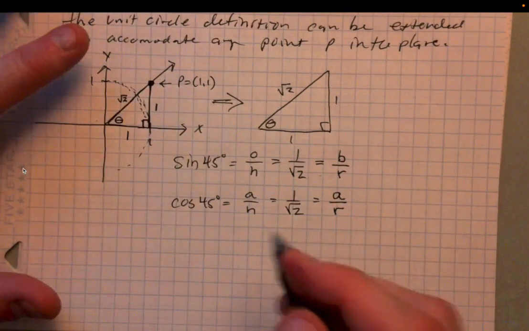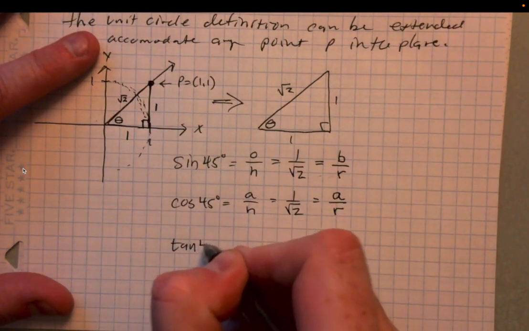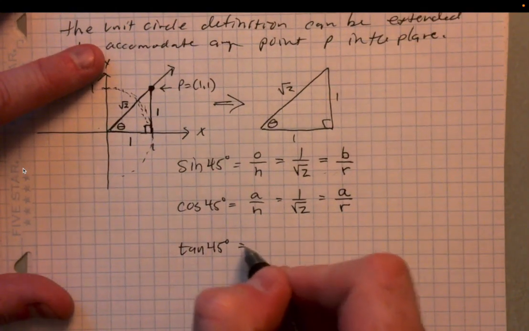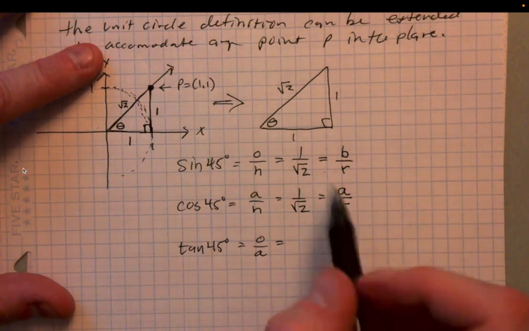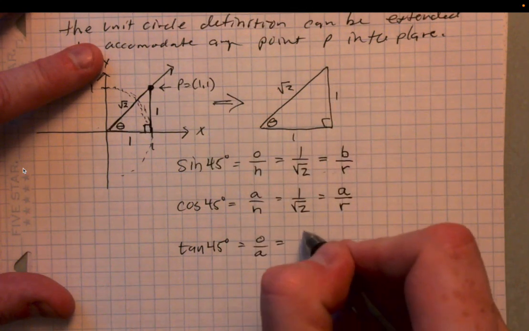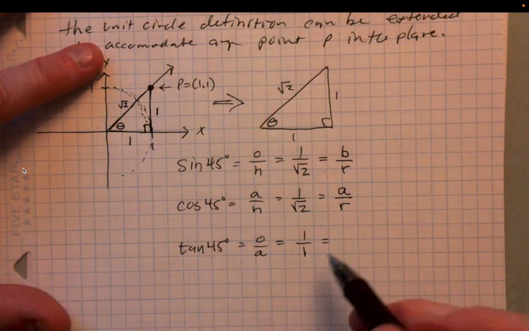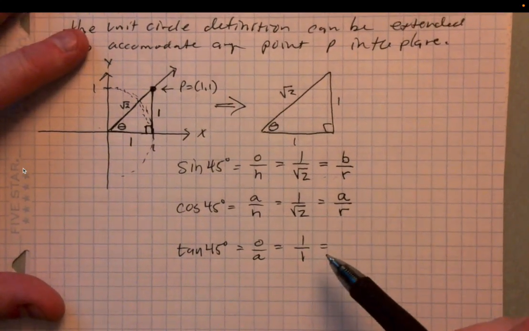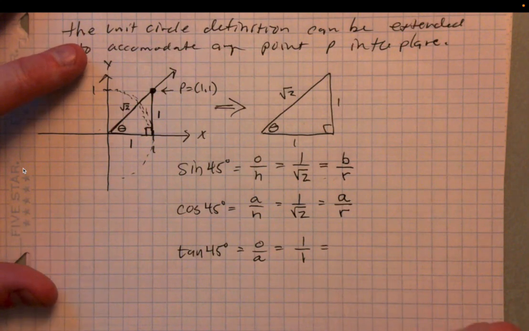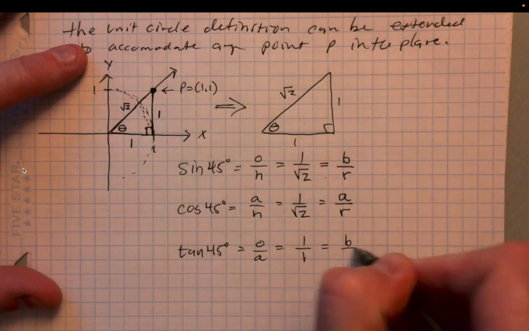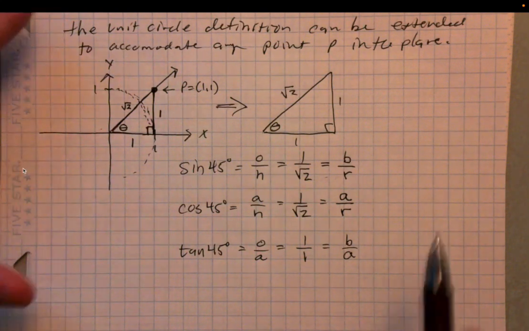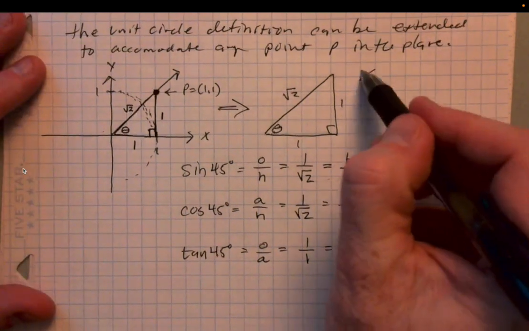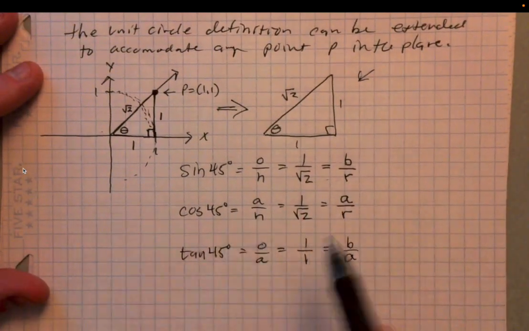Okay, and then the tangent of 45 degrees is equal to the opposite over the adjacent, where opposite is 1 and adjacent is 1. And we know from the unit circle approach that the tangent is b over a. So what we've just done here is map this right triangle trigonometry approach onto the unit circle approach.